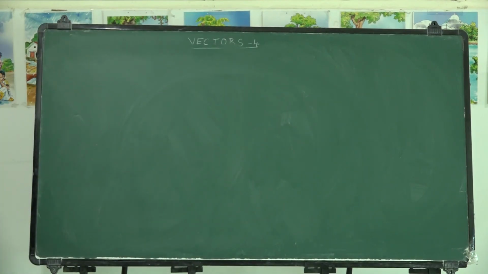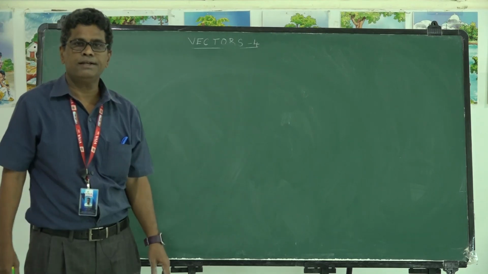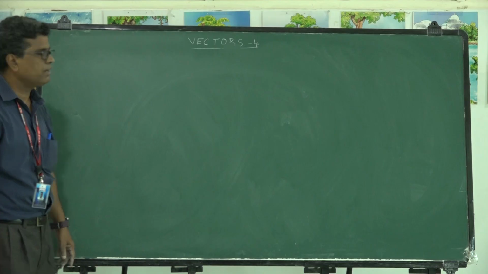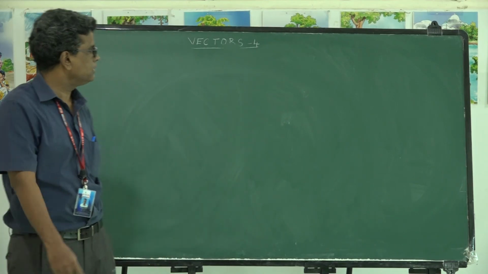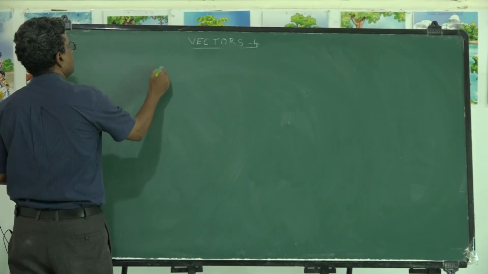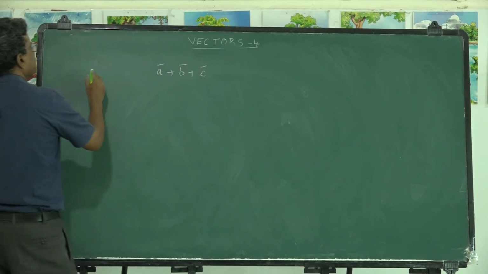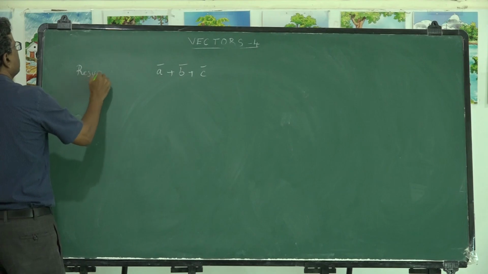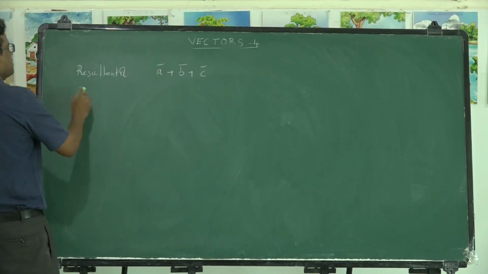So in today's class, we learned how vectors are added by the geometrical method and the components method. For the geometric method, suppose there are three vectors, A bar, B bar and C bar, and you want the resultant of the three vectors.